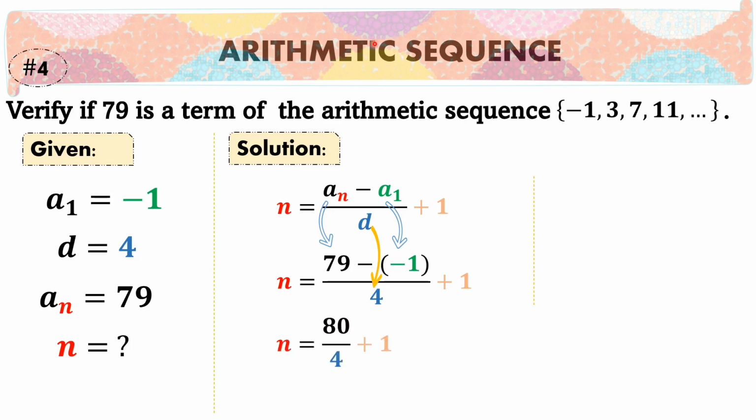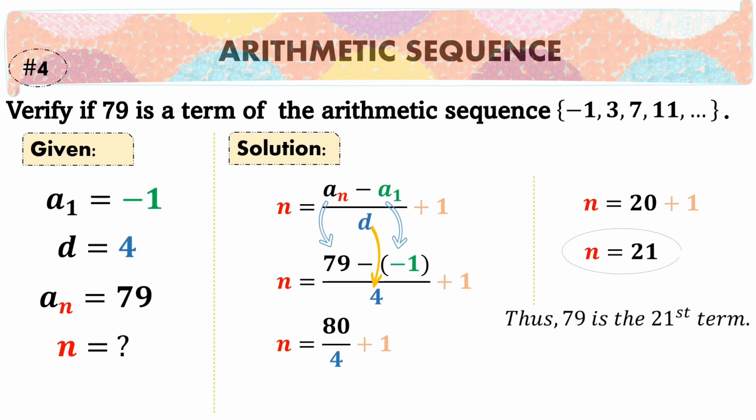Performing the operation, 79 minus negative 1 is 80, over 4, and that is 20, plus 1. So n is 21. Therefore, 79 is the 21st term.